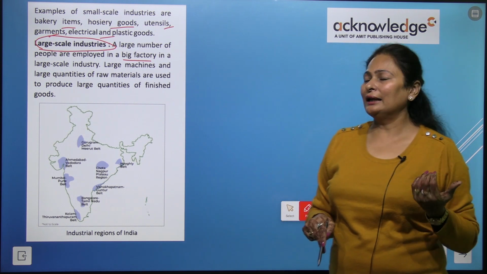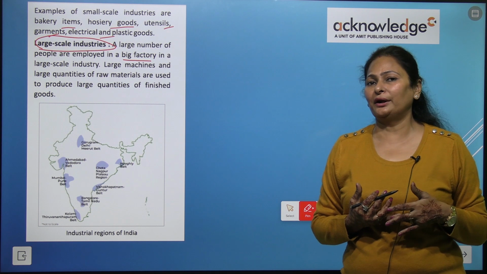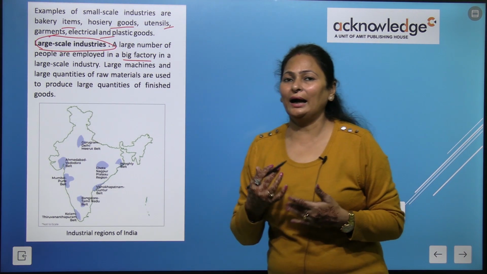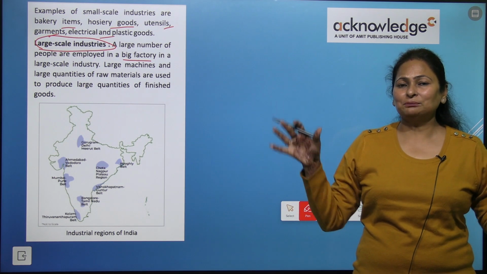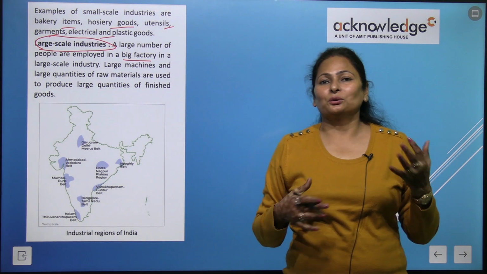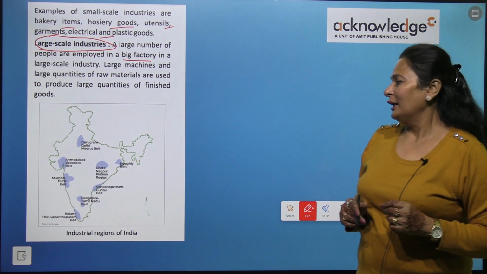Large machines and a large quantity of raw material are also needed for making finished goods, and as large machines and large manpower are engaged in it, a large quantity of raw material is needed.